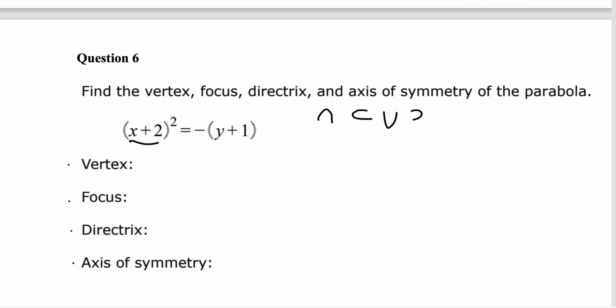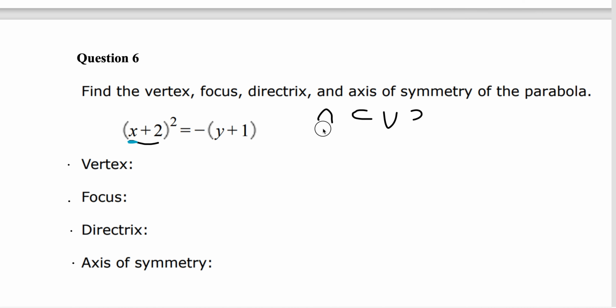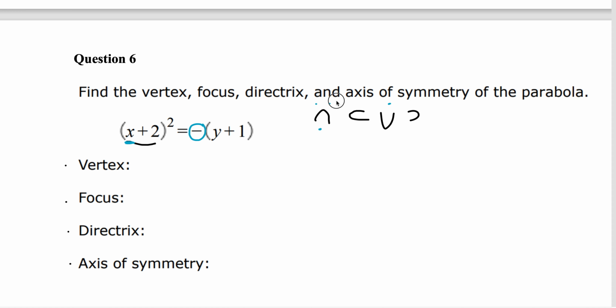In this case, since we have an x, we know it's between these two. And since we have a negative p, we know that it's a sad face, right? So it's this one.